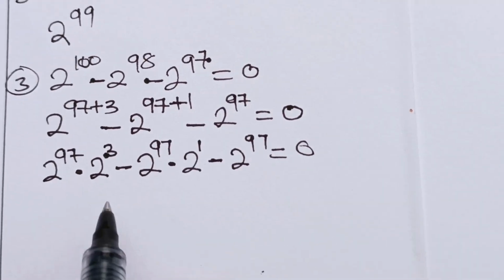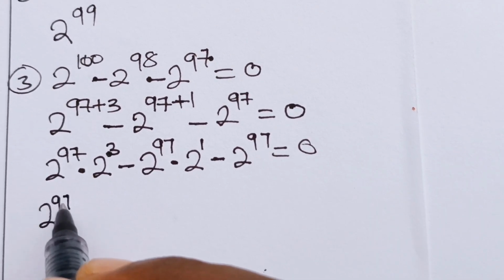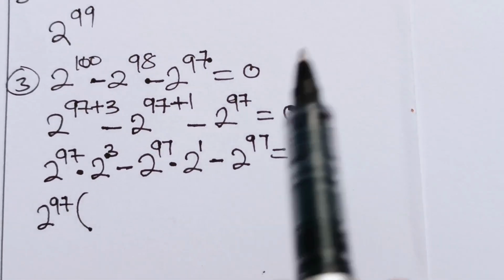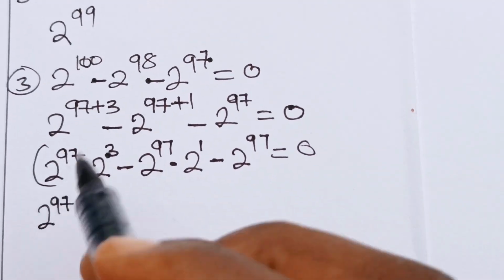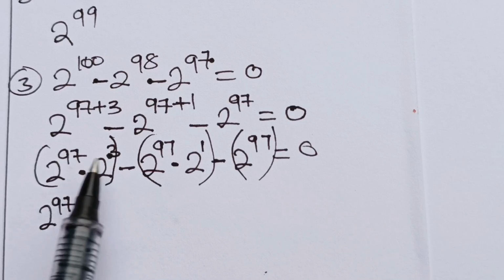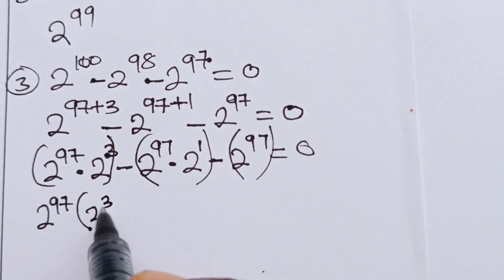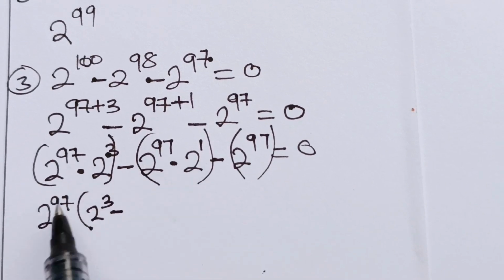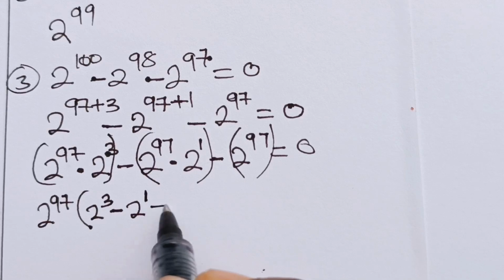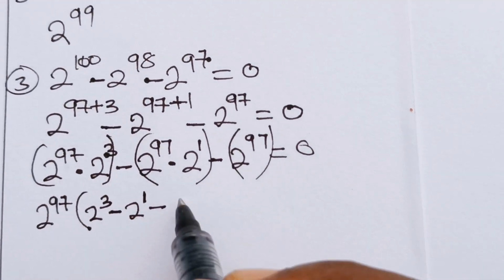Now, they have 2 to the power of 97 in common. Recall that I'm going to give you something to solve, so stay put and pick the assignment. Let me put brackets so that we don't confuse ourselves. When this is divided by this, we have 2 to the power of 3 remaining, so we have 2 to the power of 3 minus, when this is divided by this, just 2 to the power of 1 remaining, minus, when this is divided by this, we have 1.